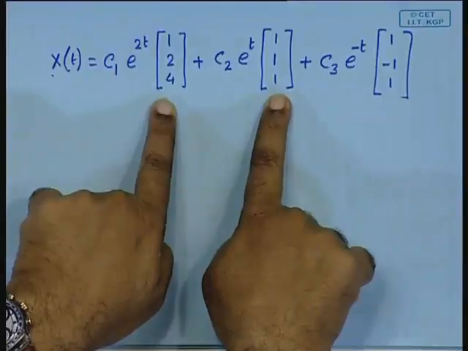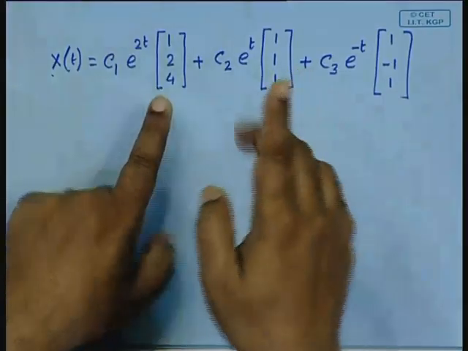What does it mean? You can imagine a plane passing through those two eigenvectors which have positive eigenvalues. Imagine these are two eigenvectors along which it expands.